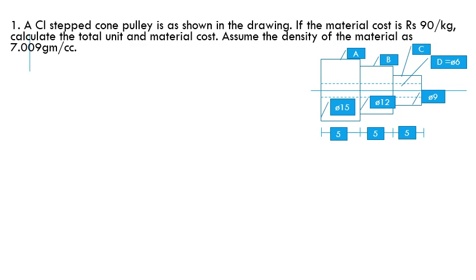Assume the density of the material as 7.009 grams per cc. All dimensions in this figure are in centimeters. So we have a stepped cone pulley here. We have one part here, second part here, and the third part here, and a hollow part in order to insert this pulley into the rod.